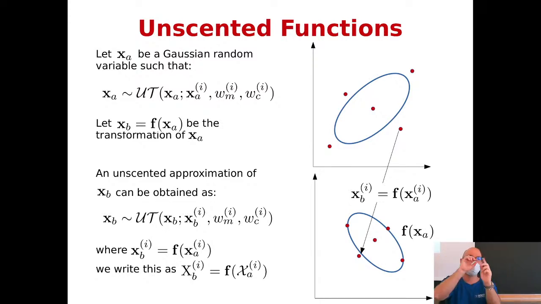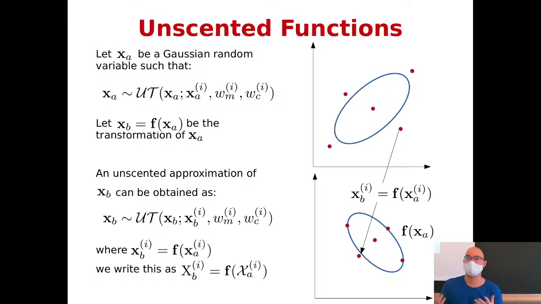And points which were, if these points were originally the mean and one was on this side and the other one was on this side, which means basically that the distance between this sigma point and the mean was equal to the distance between this and this, right? After the projection, this is not guaranteed, which might mean that some sigma points might be closer to the mean, or others, they can move arbitrarily. And then, once you recover the covariance matrix, you will get an approximation of the covariance matrix after the projection.